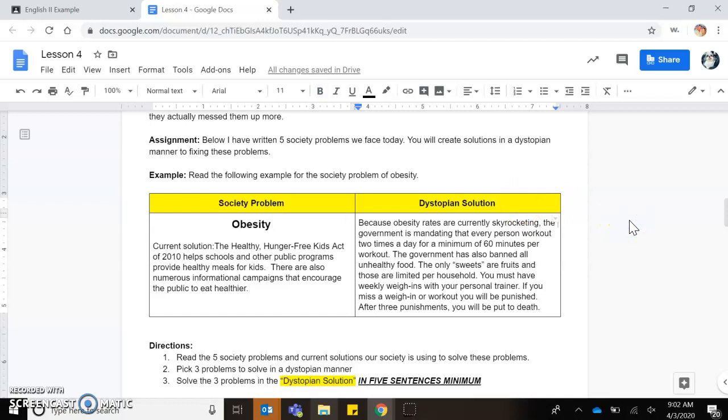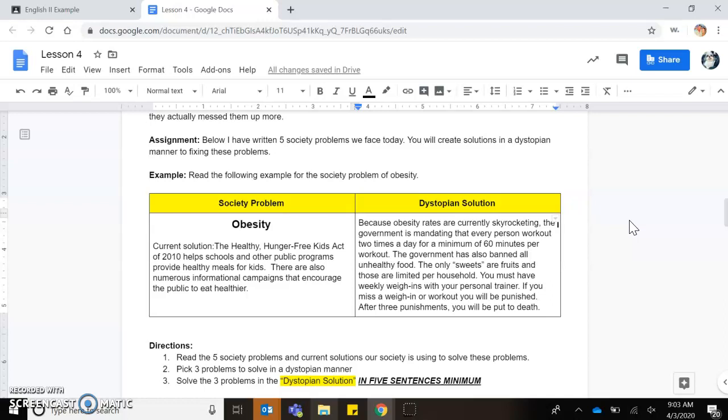So this is my dystopian solution for obesity. Because obesity rates are currently skyrocketing, the government is mandating that every person work out 2 times a day for a minimum of 60 minutes per workout. The government has also banned all unhealthy food, and the only sweets are fruits, and those are limited per household.